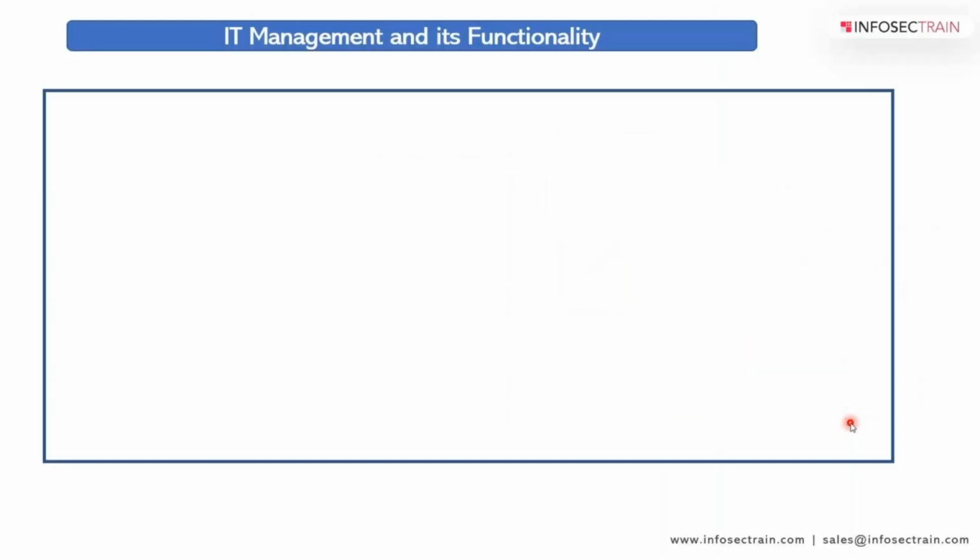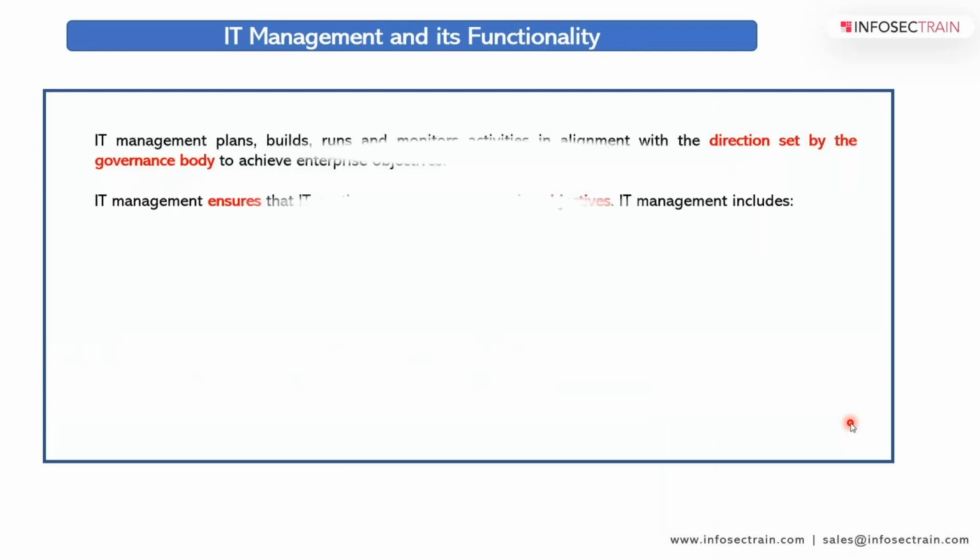IT management and its functionality. So what is IT management and its functionality? So IT management plans, builds, runs and monitors activities in, again, this word alignment you will see everywhere, in alignment with the direction set by the governance body to achieve enterprise objectives. Enterprise means the organization as a whole. IT management ensures that IT continues to support enterprise objectives.